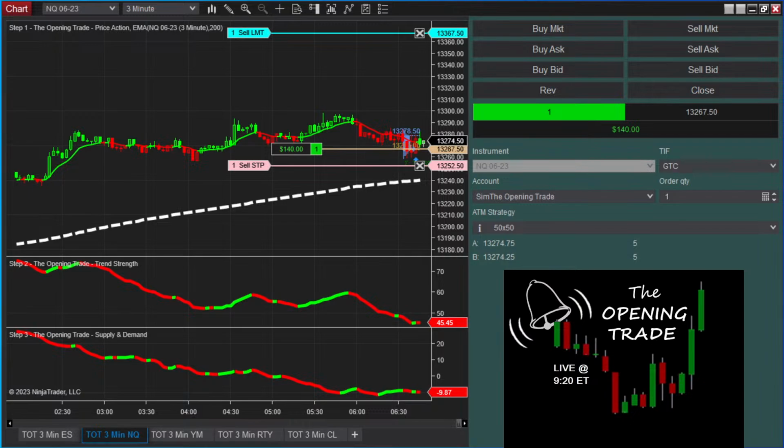Wells Fargo downgrades Valero Energy to equal weight from overweight, and the price target is $135. And they adjust the price target on Pioneer Natural Resources to $227 from $220 and maintain the equal weight rating.